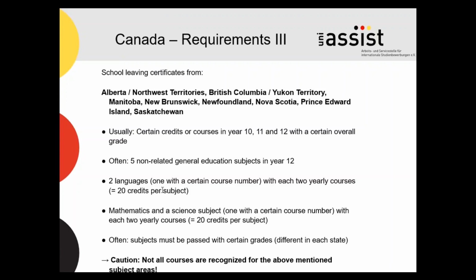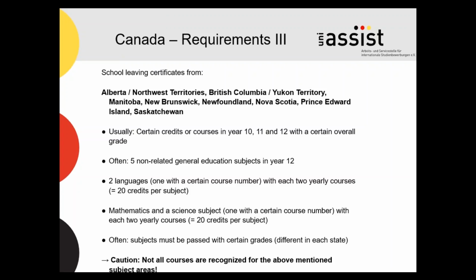But we try to put here some common points all together so that you can see what generally is required. So usually you need a certain credit or courses in year 10, 11, 12 with a certain overall grade. Often you need 5 non-related general education subjects in the last year of high school.